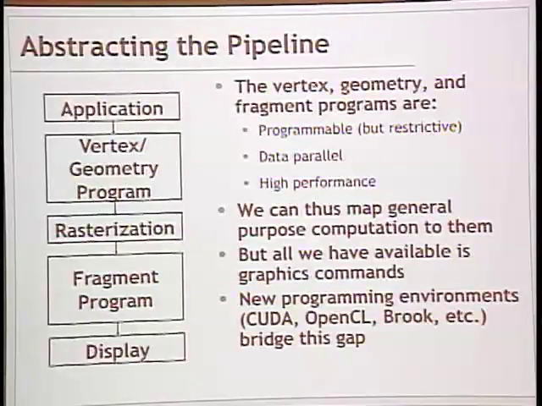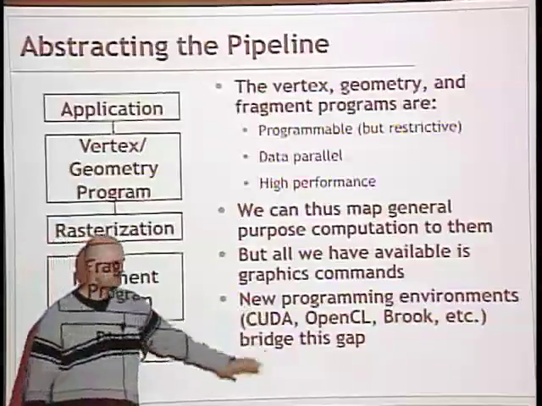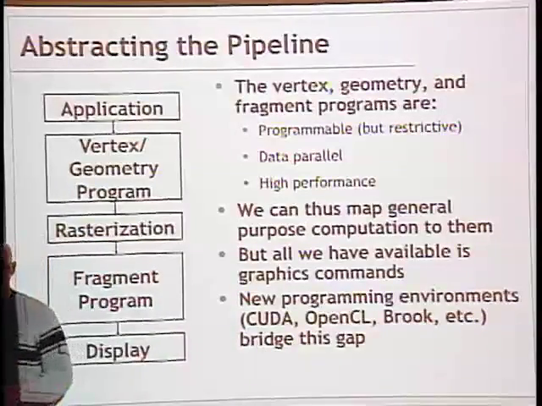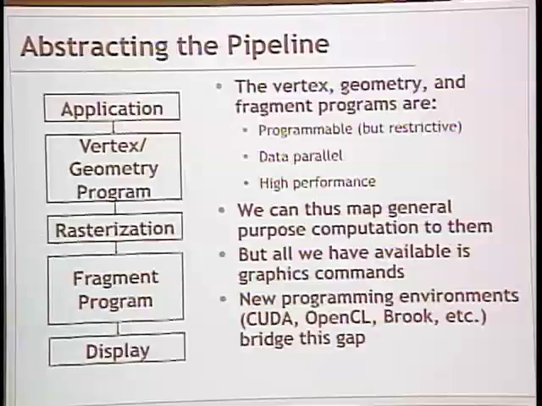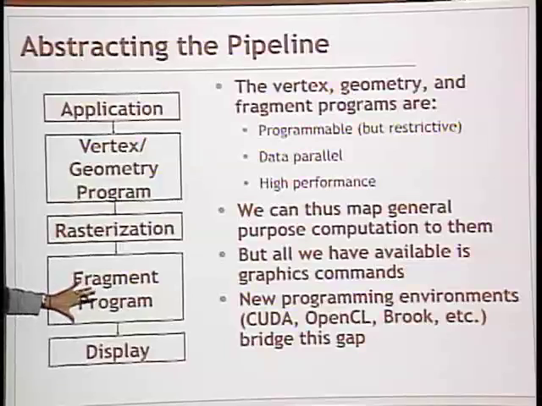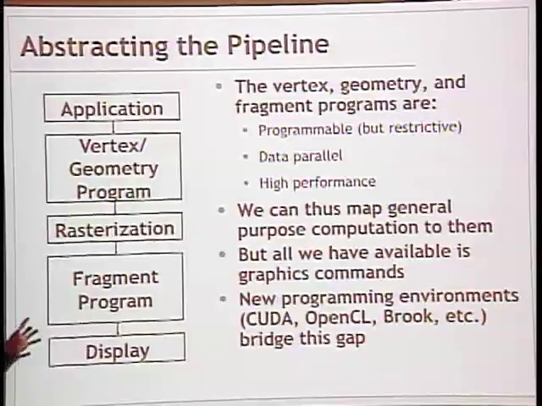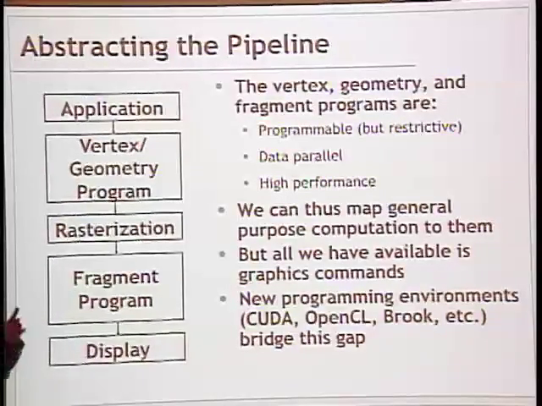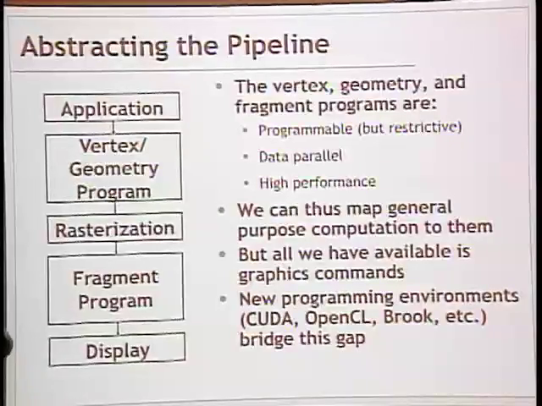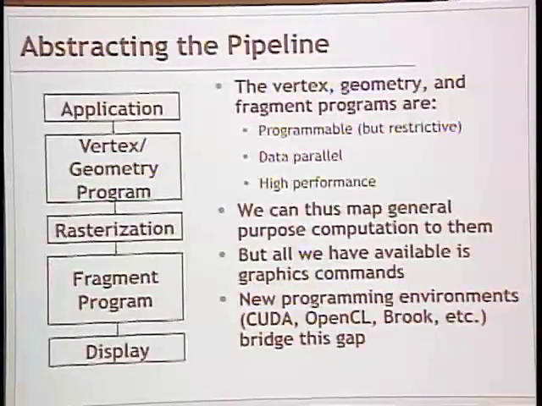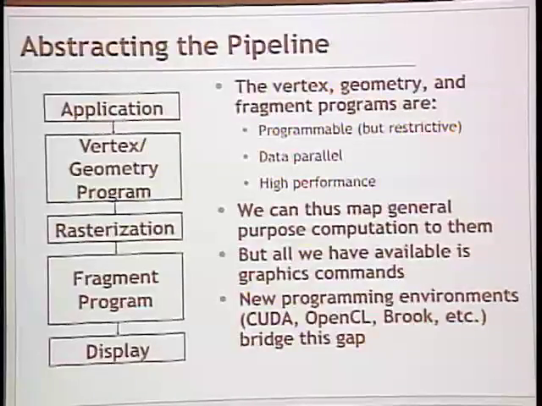So there are new programming environments that have come out over the last year or two that make this a lot easier. What they do specifically is they don't really run through the graphics pipeline so much anymore. They just target one piece of the pipeline. They target the hardware inside the pipeline, actually the programmable units, and all you're doing is talking to those things directly and avoiding all the fixed function stuff that's around it. We'll certainly be talking about that more.